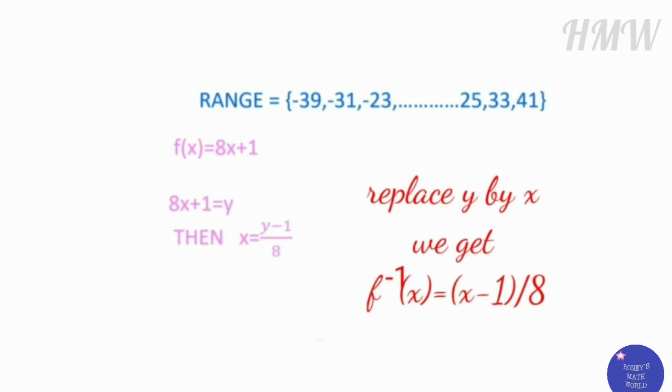So x is equal to (y minus 1) by 8. Replace y by x. We get a new function, f inverse of x is equal to (x minus 1) by 8. This is called the inverse of the function f of x. We just saw one important condition: f inverse exists only if range is equal to the codomain.